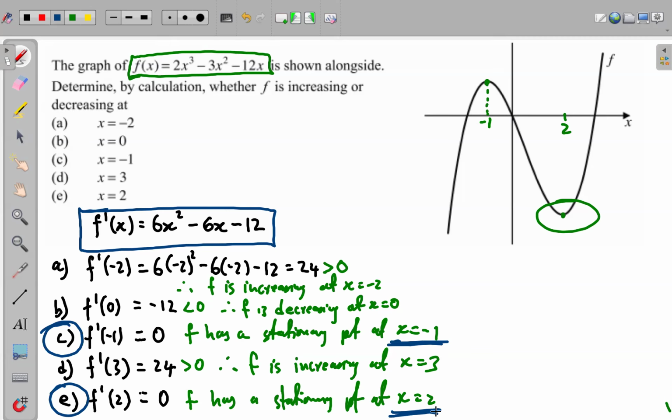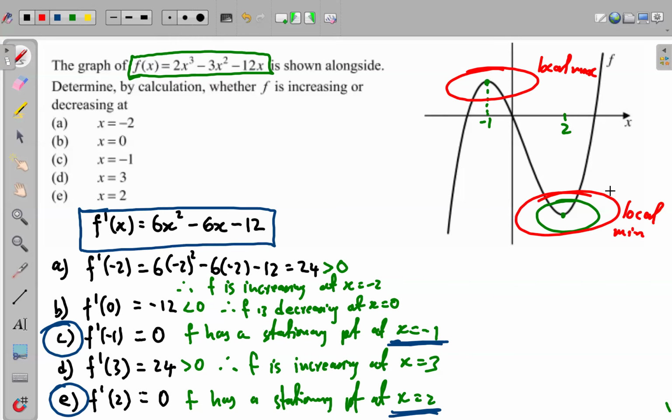Now, you need to know whether your stationary point is what we call a local maximum or a local minimum. Let's talk about this. This here is a local max, and this one here is a local min. It's what we call a local minimum. And why? Obviously, this one stationary point is above this one here. So that's why that one is a local max and this one is a local min.